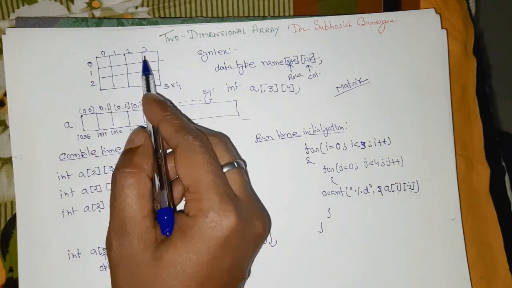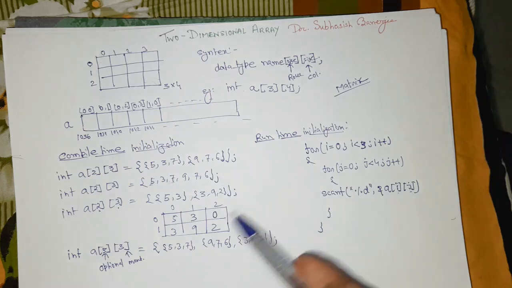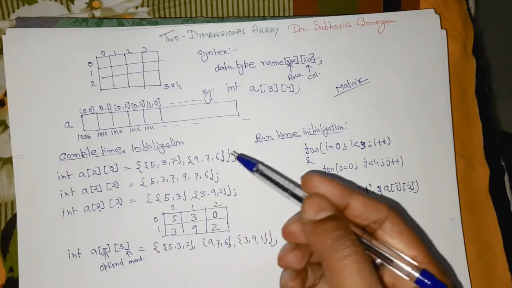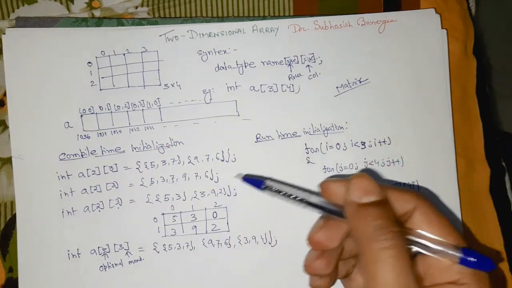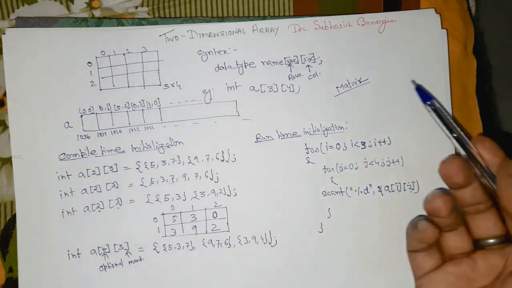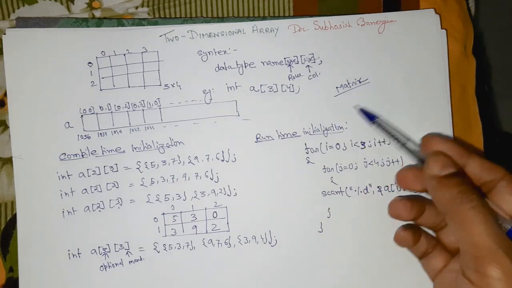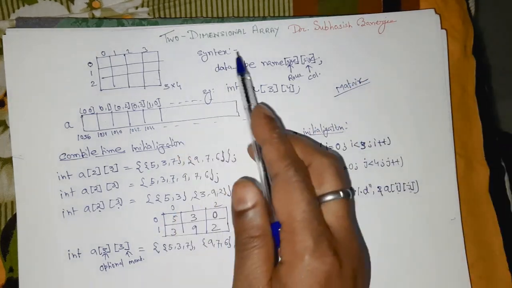We know that a matrix can be represented with rows as well as columns. So the many operations we can perform on matrices in mathematics, like transpose of a matrix, addition of two matrices, multiplication of matrices, or checking whether a matrix is orthogonal or not, can also be solved through the two-dimensional array.